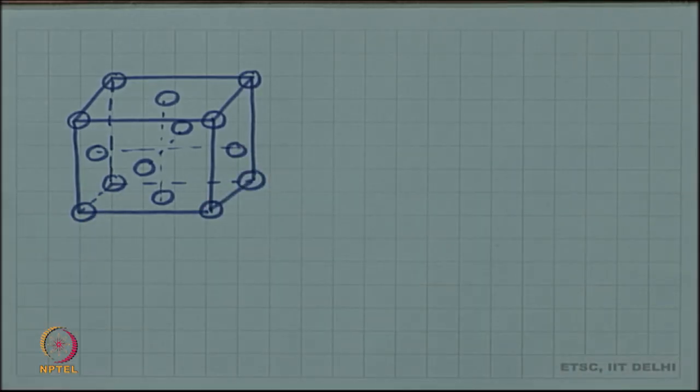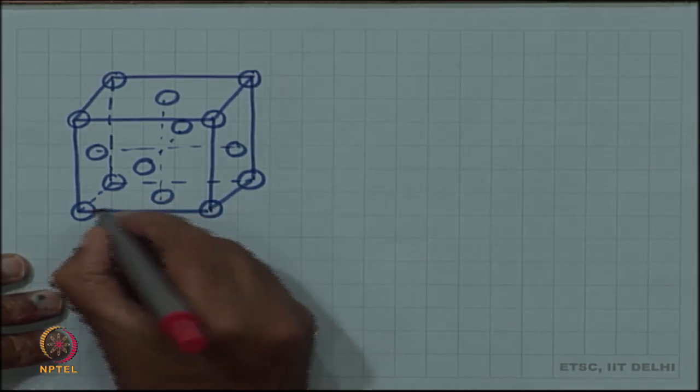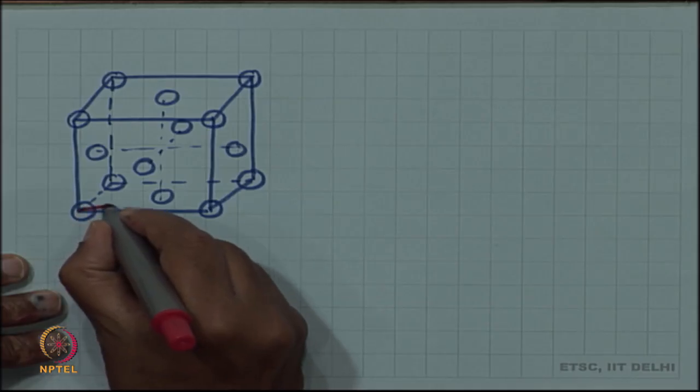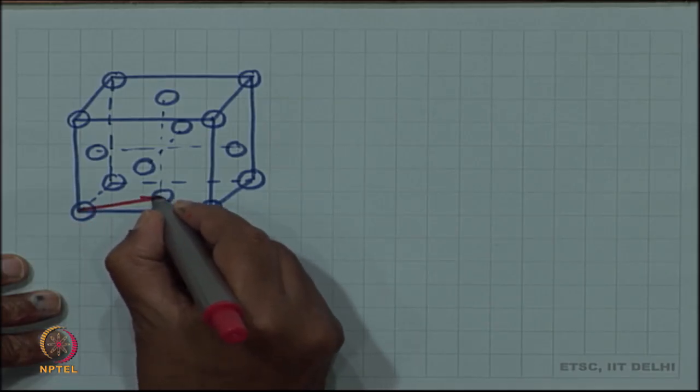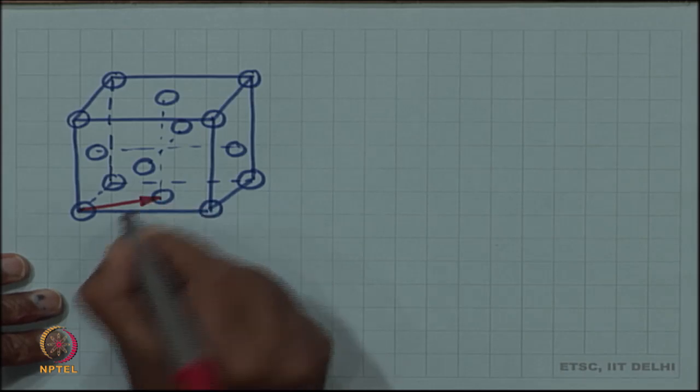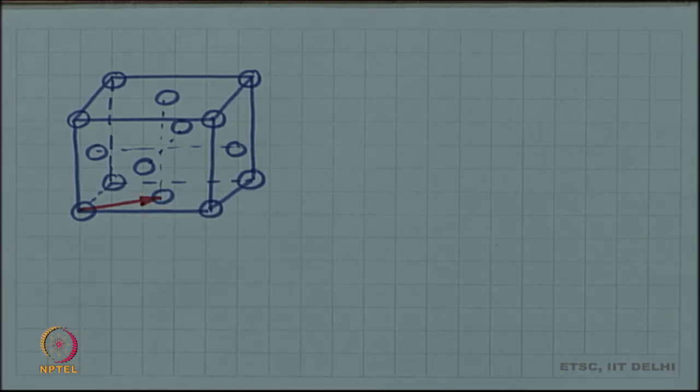Now, we have seen that in the face centered cubic material, the Burgers vector is half the face diagonal. So, Burgers vector is a vector like this.